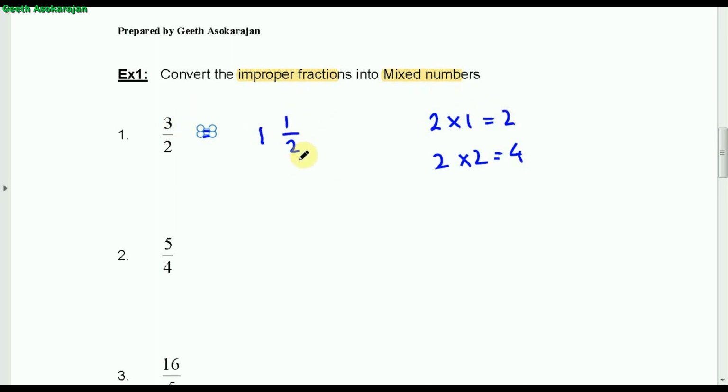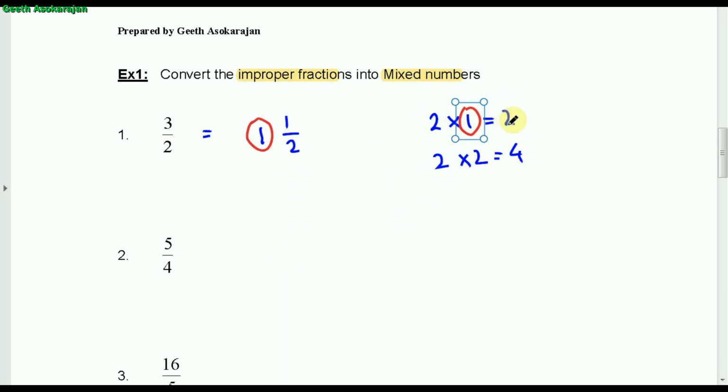So let me repeat the process again. First, write down that 2 here. Then you need to think about how many 2s go into 3. Using the 2 times table, 2 times 1 is 2. So I'll write down that 1 over there.